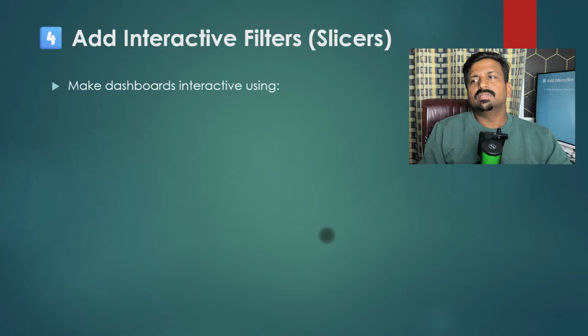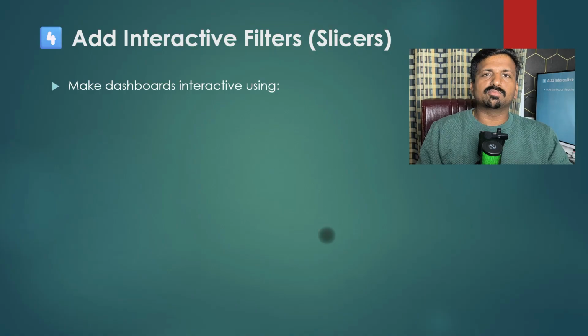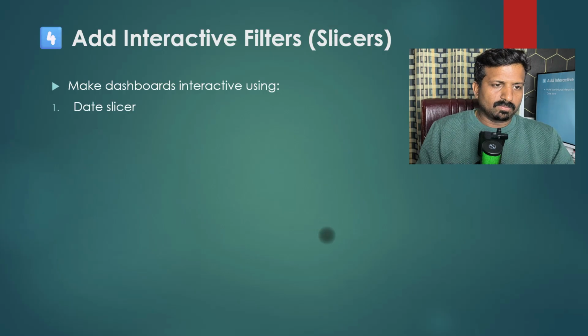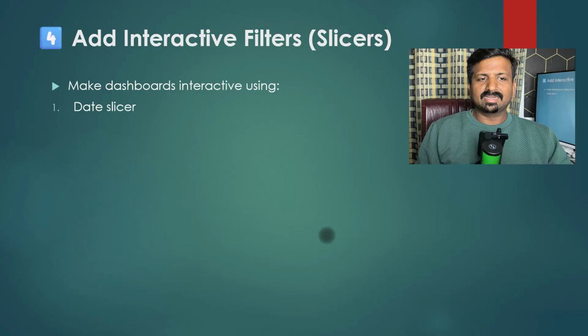Slicer is a very useful option to put in your dashboard, because we are using Power BI, and if we are using filters or slicers, you can easily create multiple types of reports. We will see later, like date slicer.